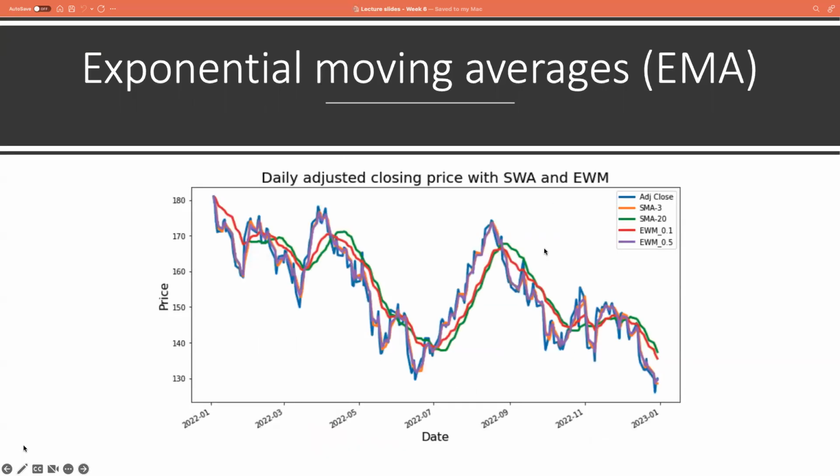So let's compare the different moving averages. If you look at the EWM 0.5, which means alpha now equals 0.5, we're giving equal weightage to the recent price, which is the S_t, and the historical moving averages, right?